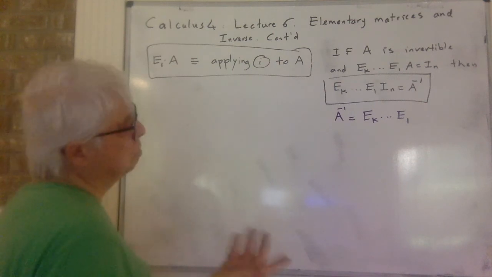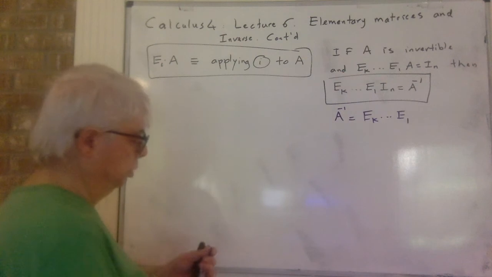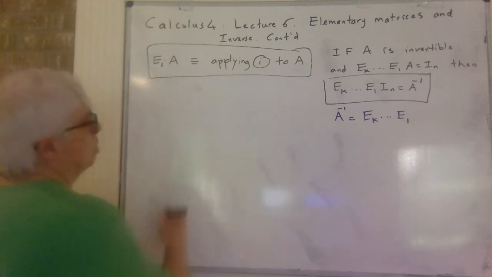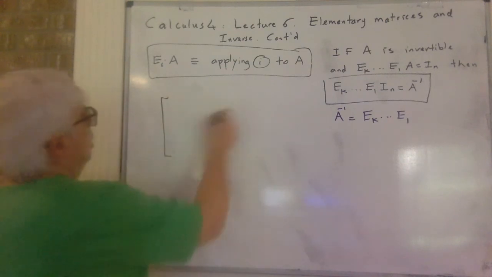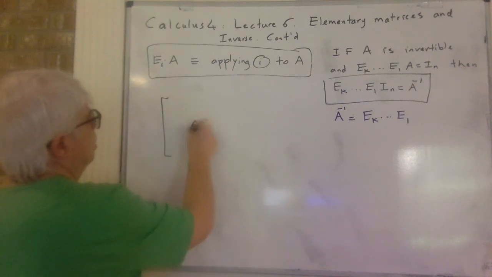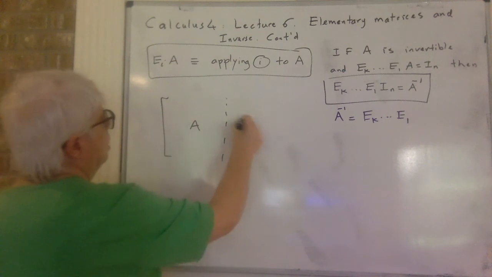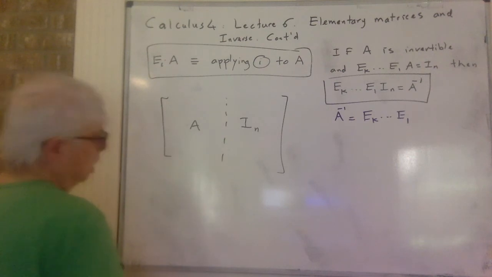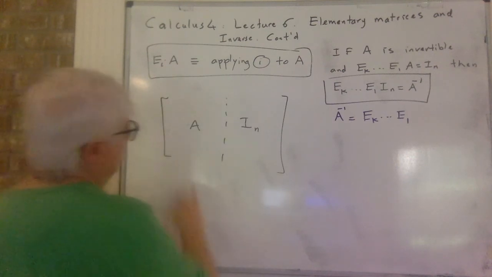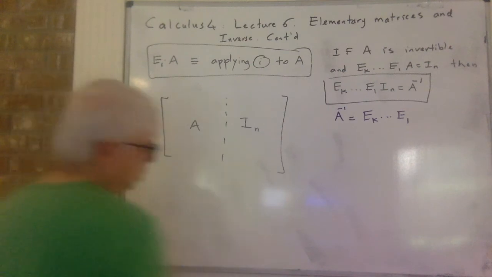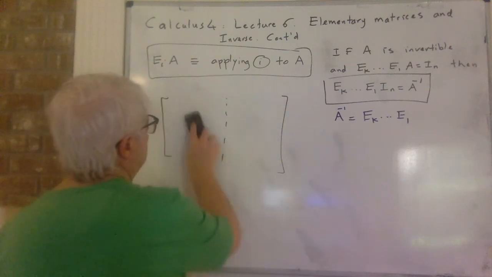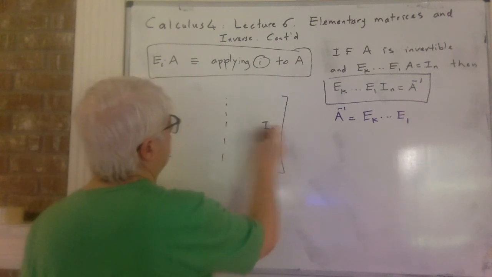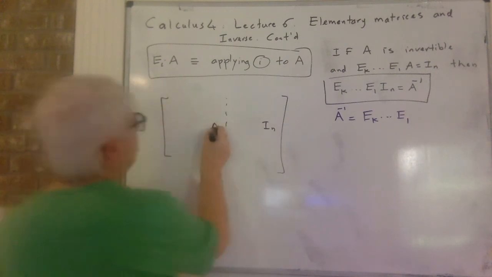Now, there is a practical way of doing this. And that's maybe what you have seen in college algebra. So if I have A, write A here, and write IN here, on the right side. Then apply the EIs to A. So apply all the EIs.